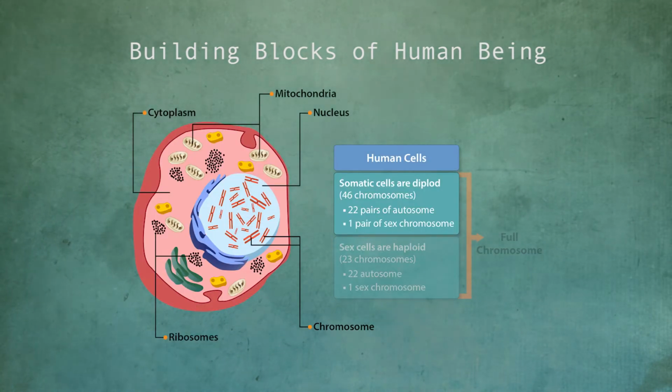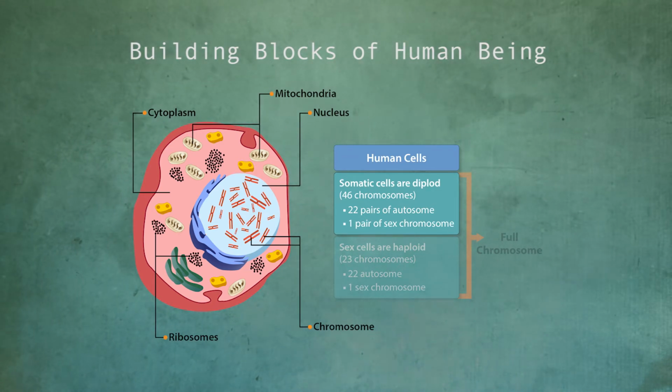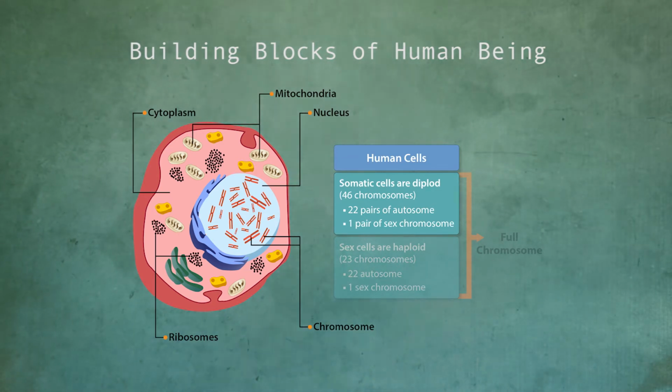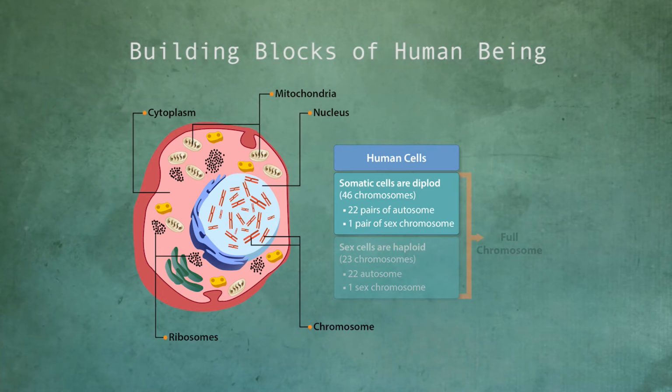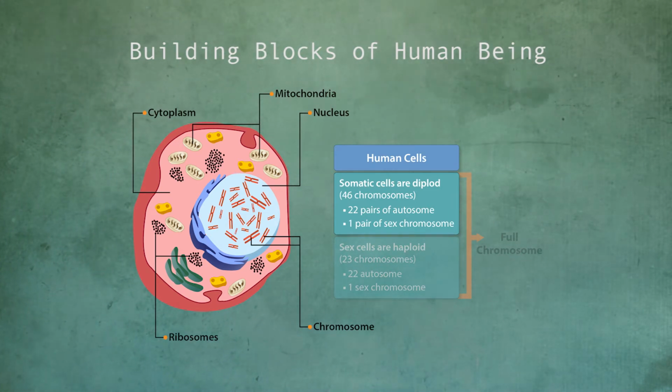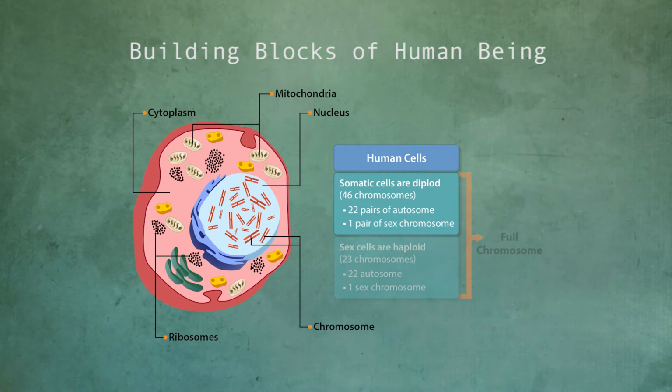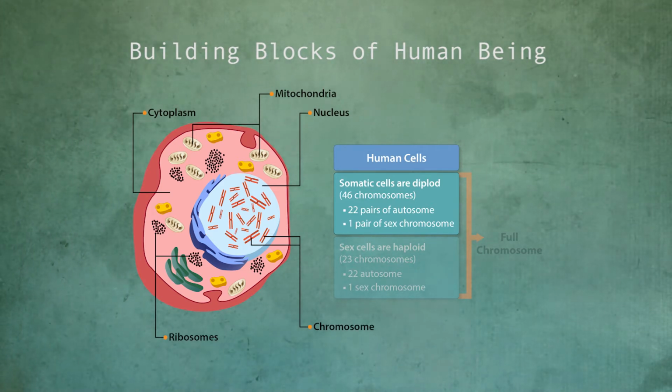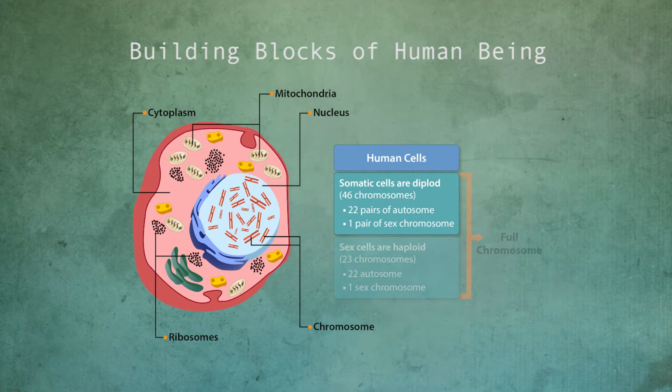Somatic cells are diploid. Each has 46 chromosomes or 23 pairs of chromosomes, 22 pairs of autosomes, and 1 pair of sex chromosomes.